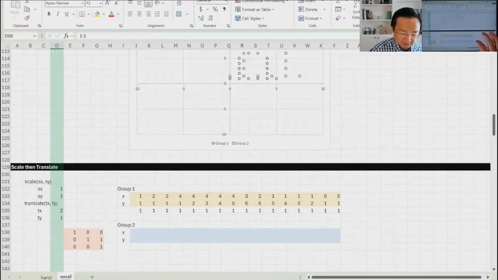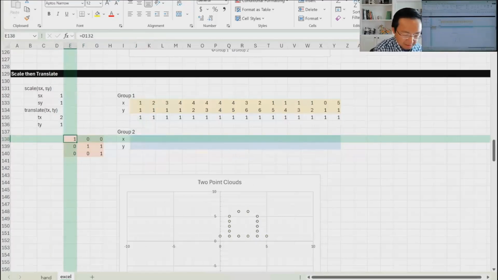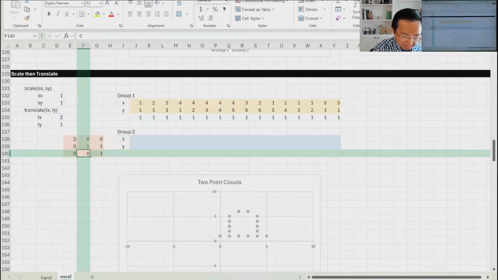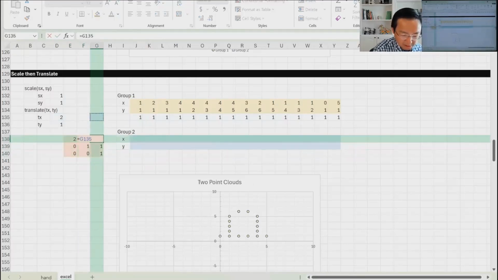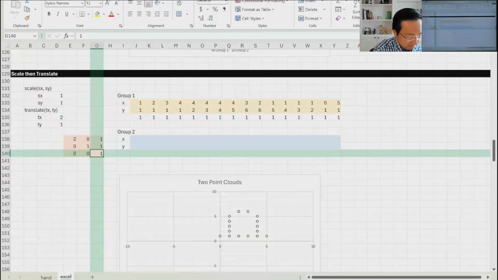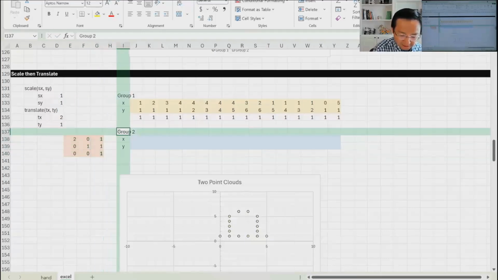Now we're going to look at scale and translate. Remember, we can combine scale and translate at the same time. So now I'm going to set up my transformation matrix correctly to be this, following my formula. The 1 is already added.